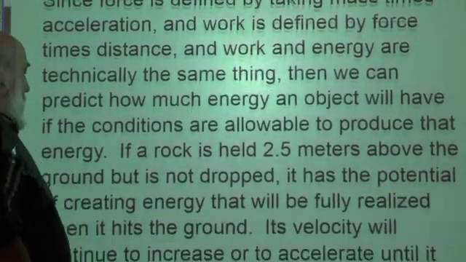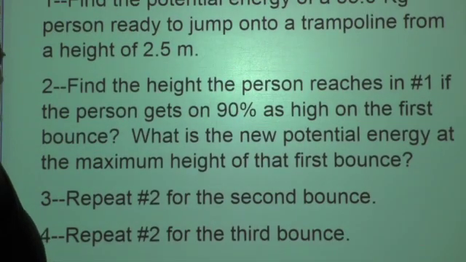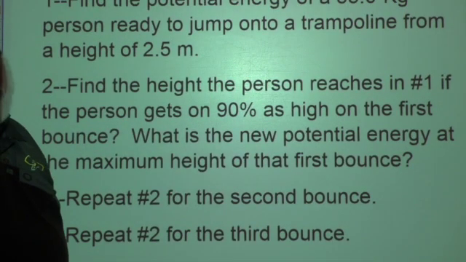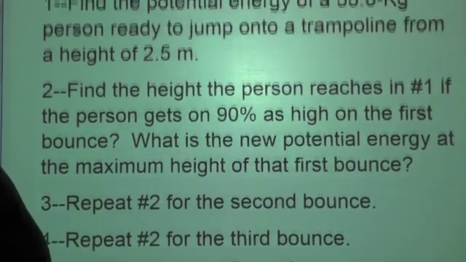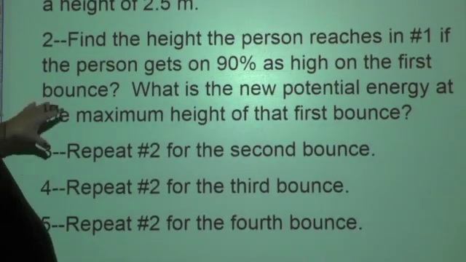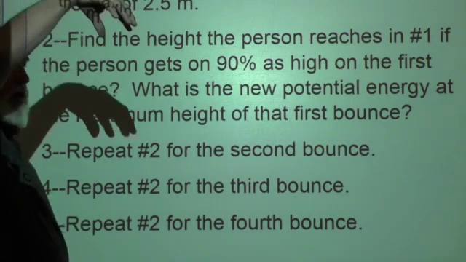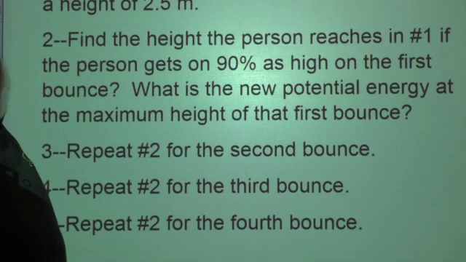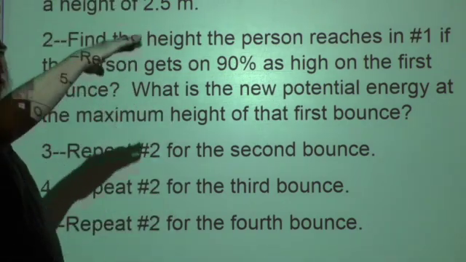Okay? So, your practice problems, we're going to stay out of the book this time because I'm not crazy about the book problems on this. Here is the list of these five problems. They're all involving finding potential energy. The last four deal with a trampoline, and trampolines, if you don't put any extra force behind it, won't bounce back as high as it did the previous one.